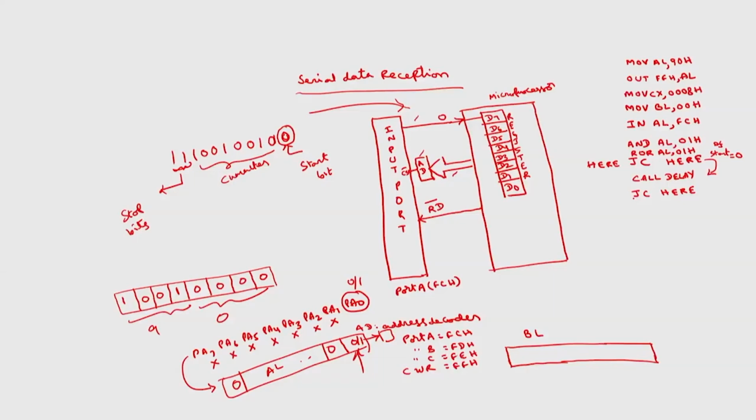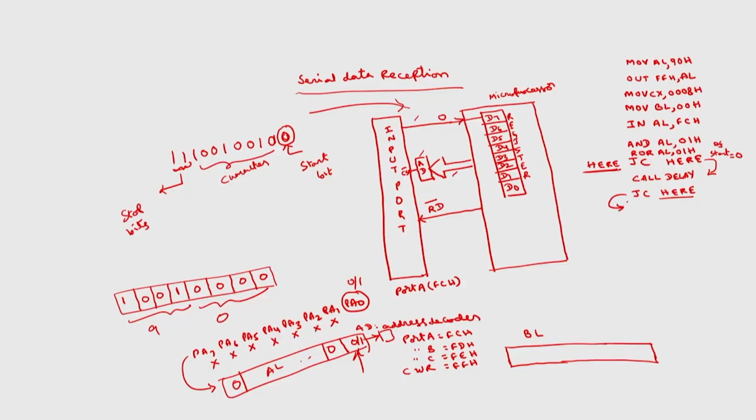If it is not 0, that is, if carry is true, meaning 1, it is not a valid character, so I will wait here itself. Until a 0 is available for 0.83 milliseconds, I will wait. Once it comes out of this loop, the first bit is 0 and it is of duration 0.83 milliseconds.